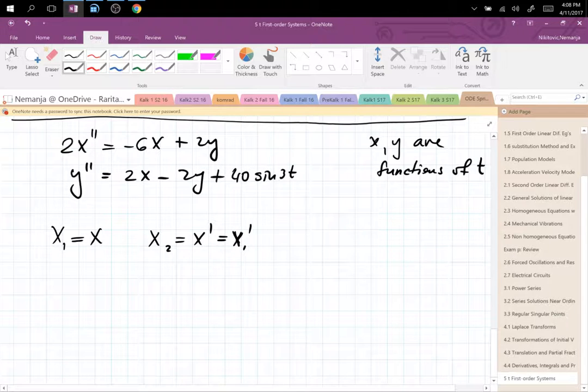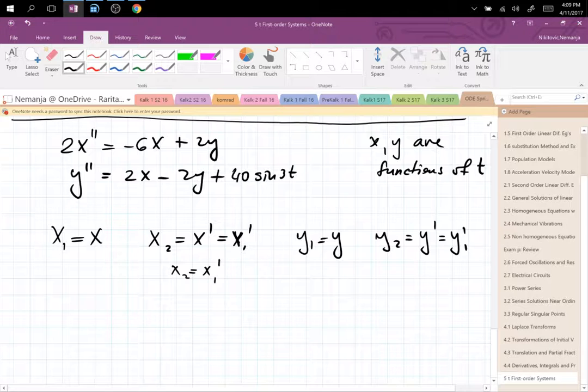So we're going to use that one as y1 equals y. And then y2 is equal to y prime, which is y1 prime. So what are the substitutions? Substitution is that x2 is equal to x1 prime and y2 is equal to y1 prime. Those are the conclusions right at the end.